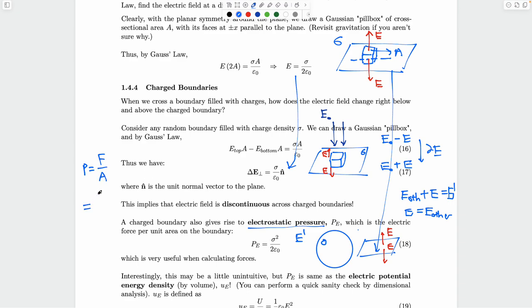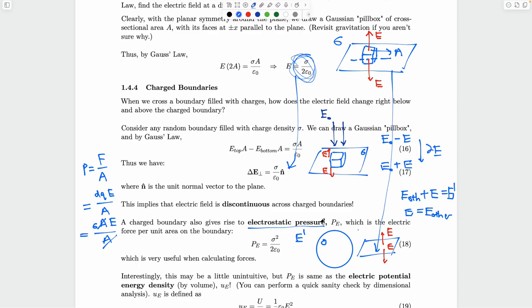So if our force is dq times E, over A, and dq is sigma times A, and the A will just cancel, okay? So we are left with sigma E, which is just sigma times this thing.